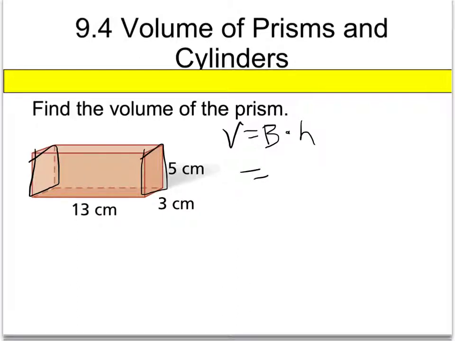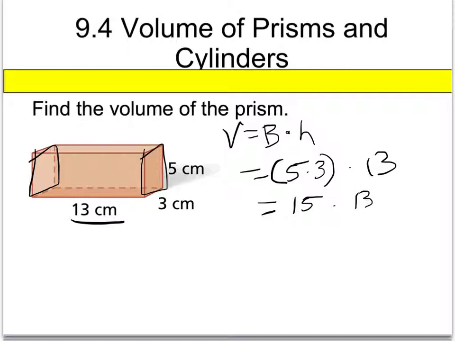Well, we know our base is a rectangle 5 centimeters long, 3 centimeters wide, so we need to take 5 times 3 and multiply it times the height of the overall shape, which is 13. So multiply 5 times 3, you get 15, then multiply that by 13, and altogether your answer comes out to be 195.